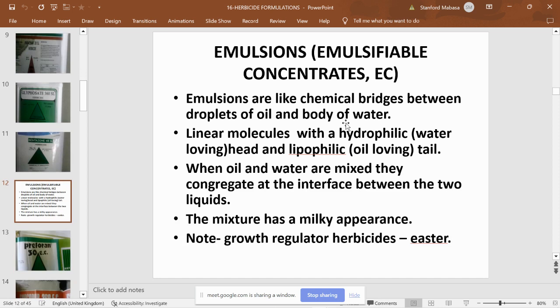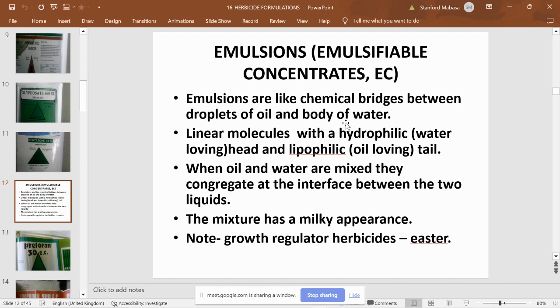Secondly, we have got emulsions or emulsifiable concentrates, designated EC. Emulsions are like chemical bridges or links between droplets of oil and the body of water. We have linear molecules with a hydrophilic water-loving head and a lipophilic oil-loving tail.